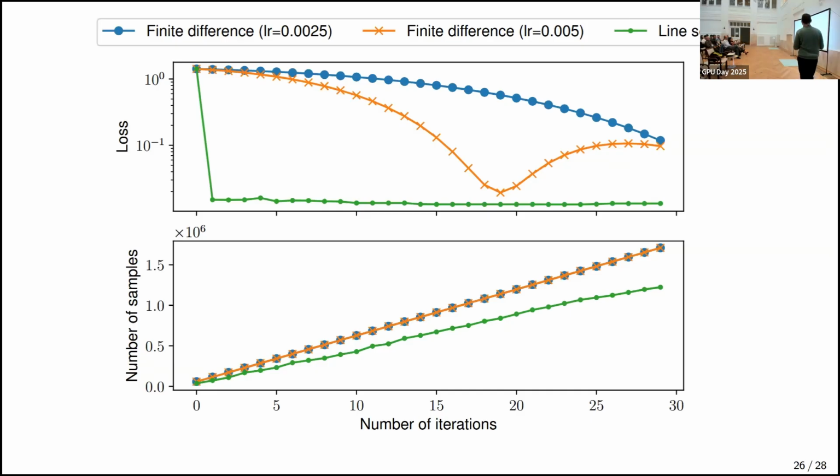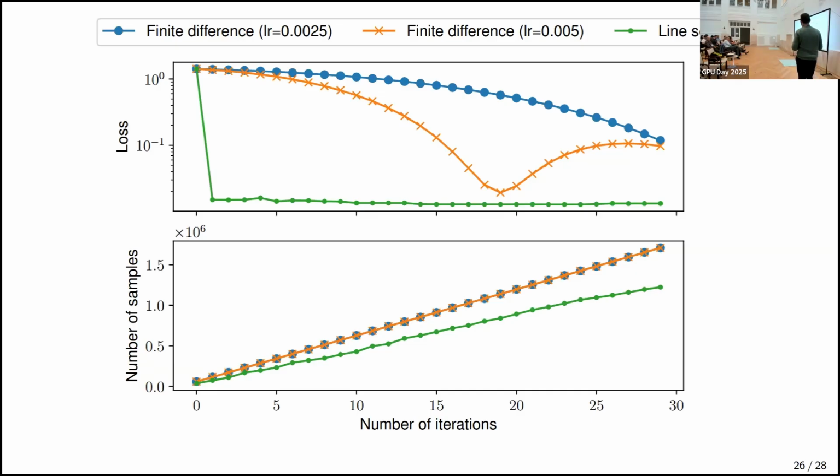But the line search immediately found a gate and adjusted it so that it can immediately get close to a minimum. And the point here is that I use very few samples, much fewer than for the finite difference method.